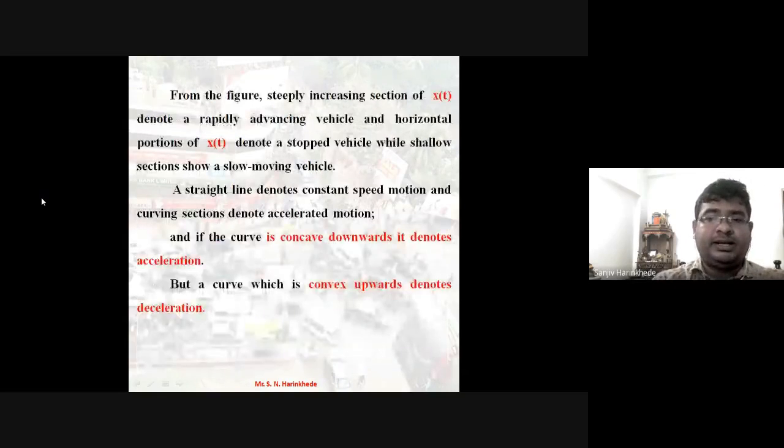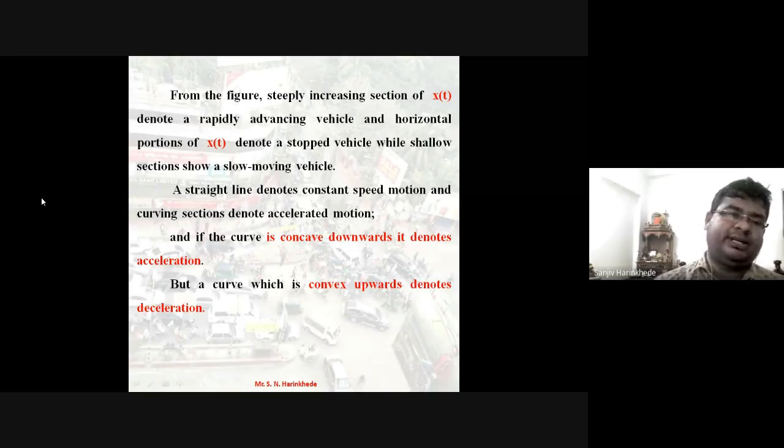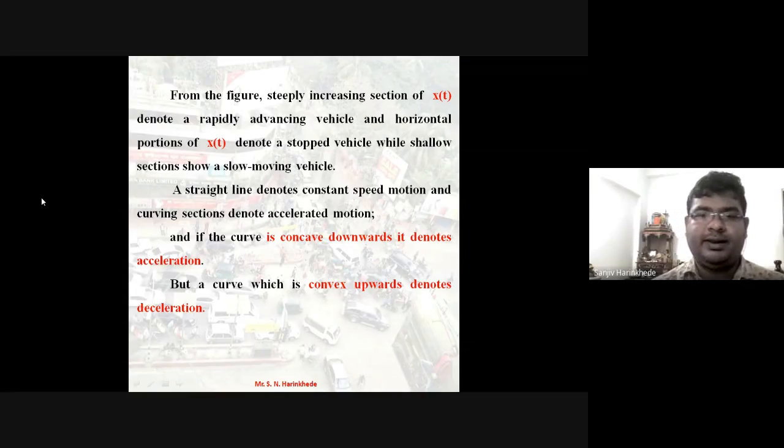From the figure, a steeply increasing section of x(t), that is the position with respect to time, denotes a rapidly advancing vehicle, and a horizontal section of x(t) denotes a stopped vehicle, while a shallow section shows a slow moving vehicle.